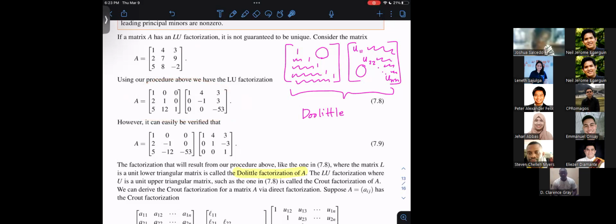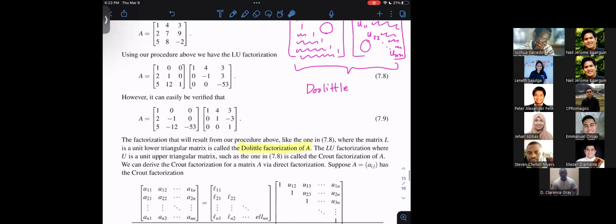However, it can easily be verified that this is another LU factorization of the matrix A. Again, it's quite easy because you just need to carry out the multiplication, and you will retrieve the matrix A. If you look at its form, this is lower triangular and this is upper triangular. How different is this from the Doolittle form?